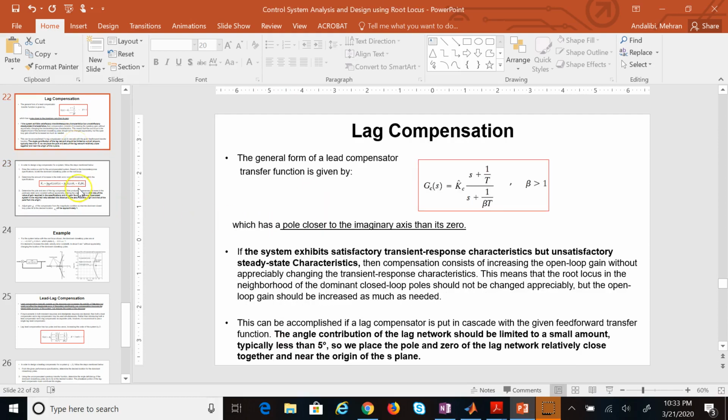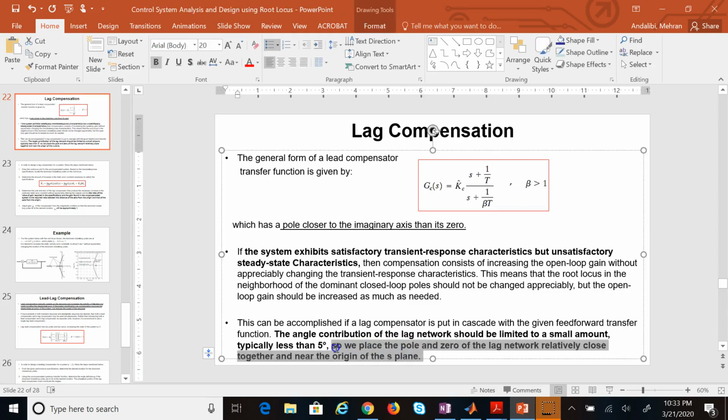Now, how do we design a lag compensator? Again, some important things we have to keep in mind. First, we choose the pole and zero very close to the origin and close to each other also. The angle contribution of this lag should not be more than 5 degrees.